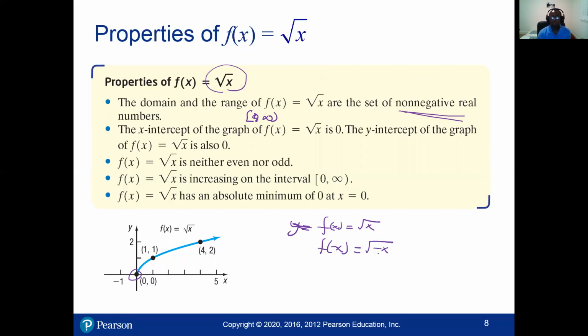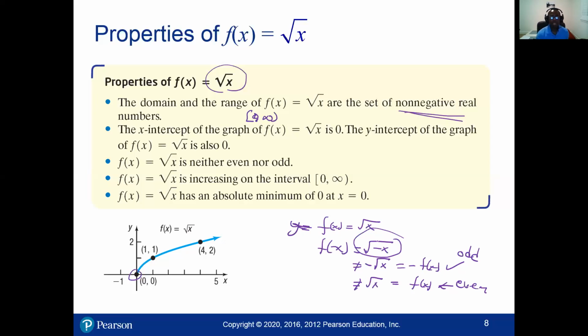This is an imaginary number. You cannot have a negative under the square root. So this is not equal to f of x, which would make it even, nor is it equal to minus f of x, which would make it odd. So if we stop there, we can't do anything.